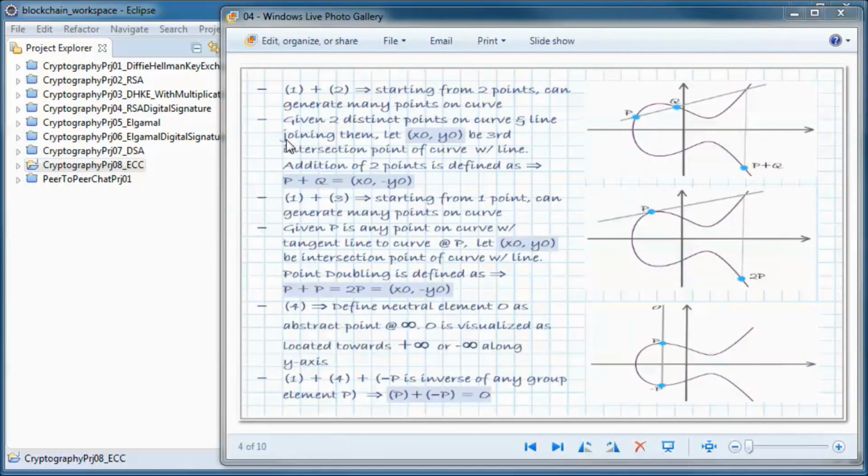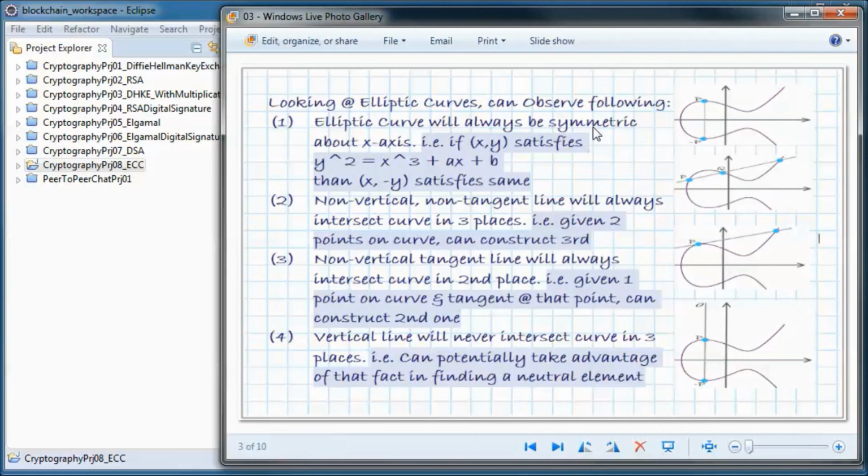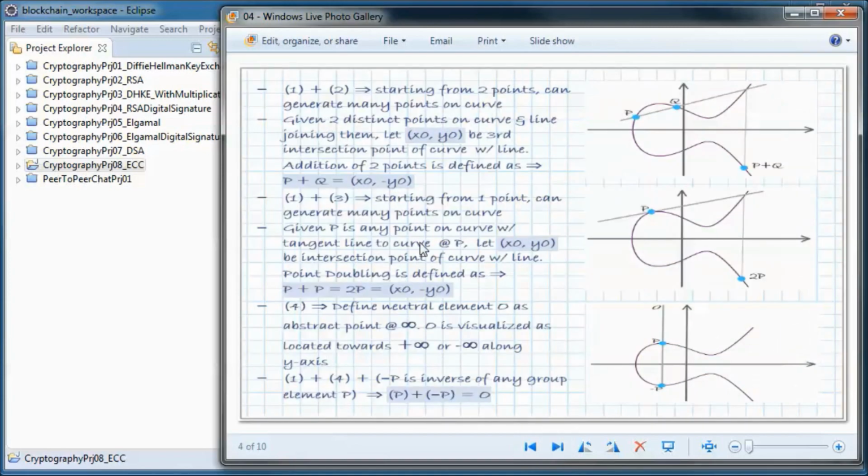Now we take advantage of our first and our second observations. So the symmetry about the x-axis and the non-vertical, non-tangent line always intersecting the curve in 3 places. So starting from 2 points, we can generate many points on the curve.